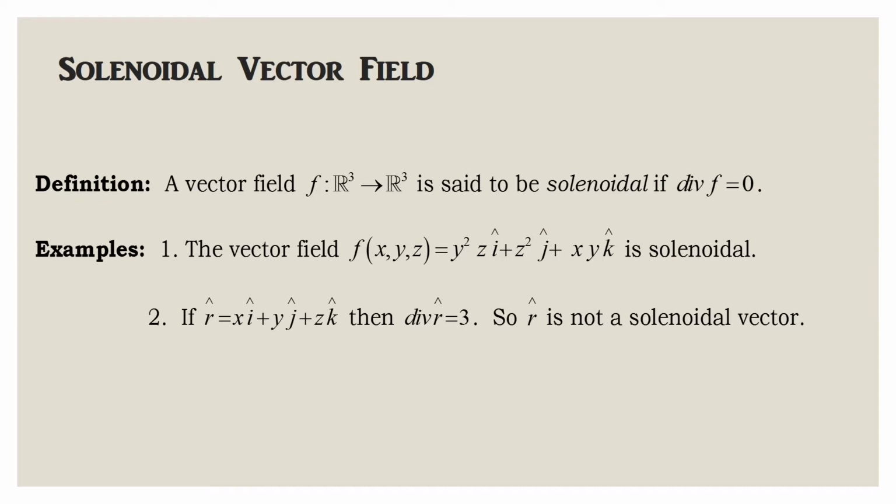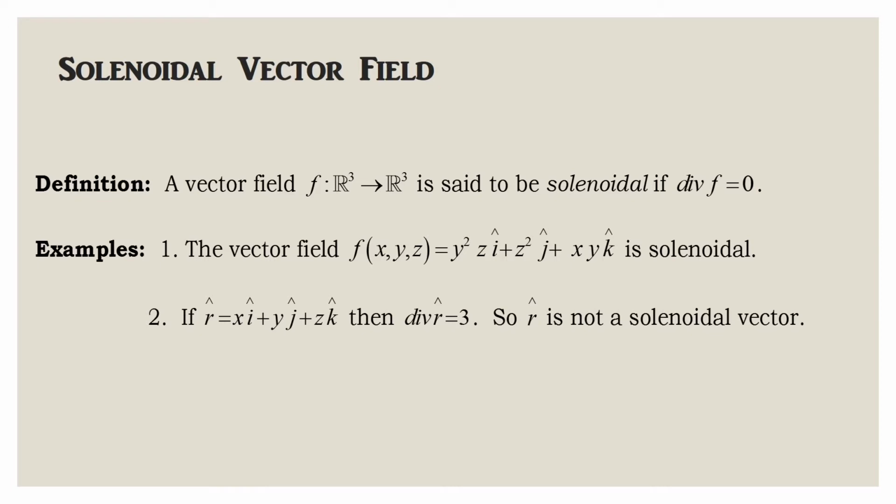If f maps R3 to R3 is defined by f of x comma y comma z equals y square z i cap plus z square j cap plus xy k cap, then its component functions are f1 of x comma y comma z equals y square z, f2 of x comma y comma z equals z square, and f3 of x comma y comma z equals xy.